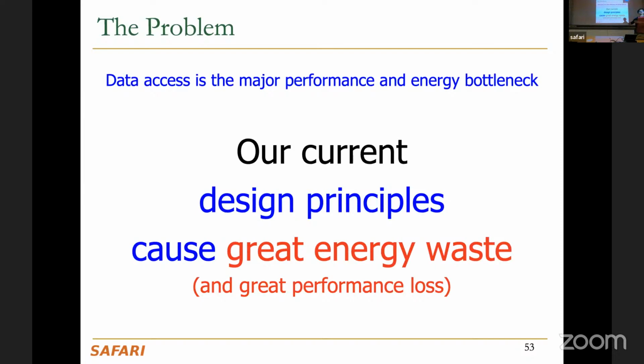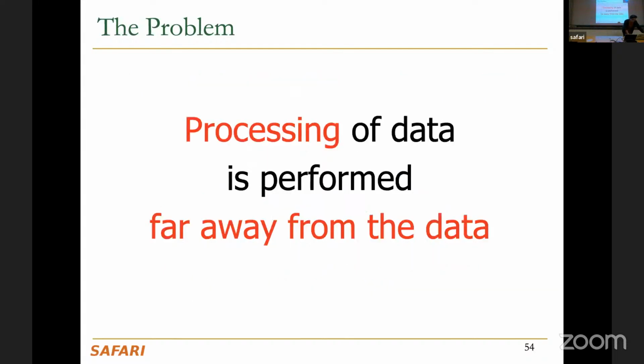Basically because data is stored here, computing is done here, and in between the only thing that we have is a very thin funnel, right? That impedes in some way the data movement between one side and the other side.